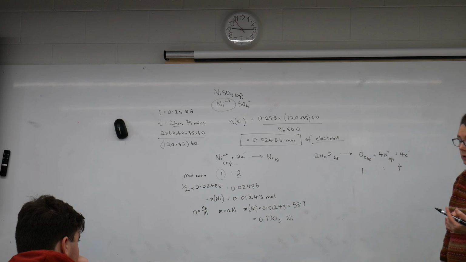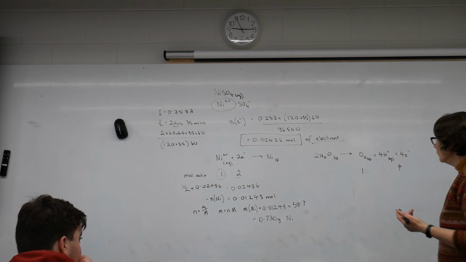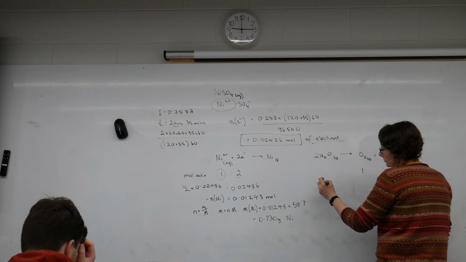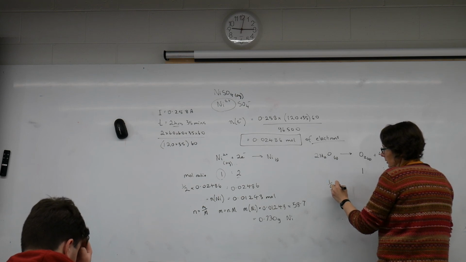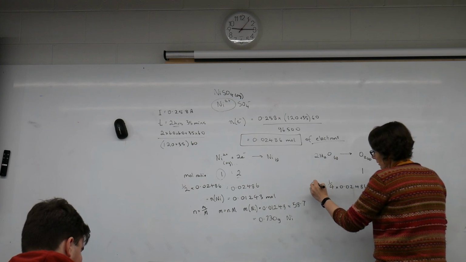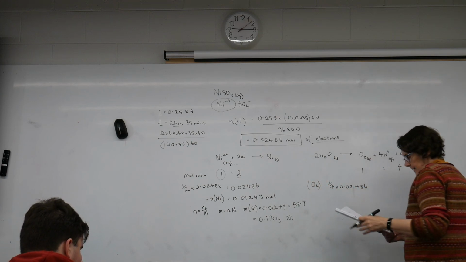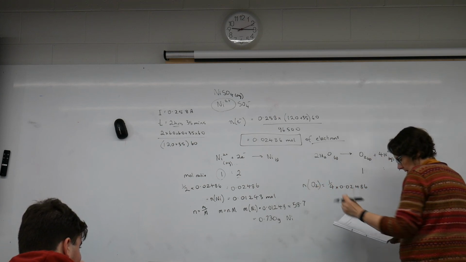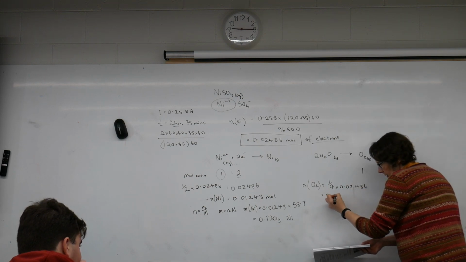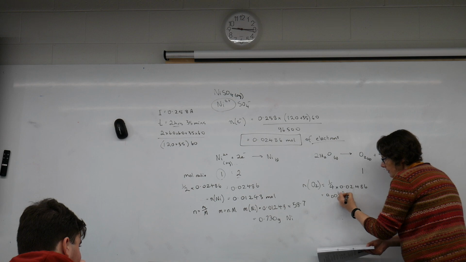Divided by 4. So it's a quarter. 1/4 times 0.02486, which is 0.006215.